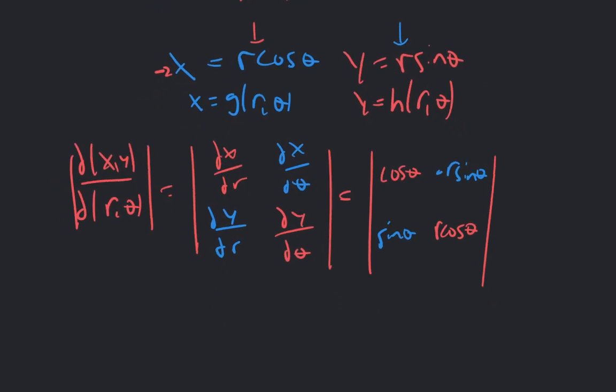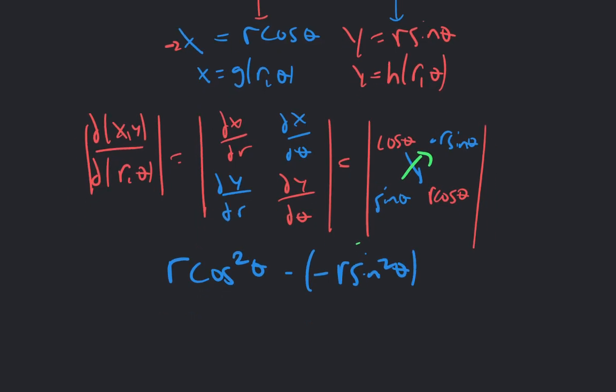When we take the determinant, now when we cross multiply, we're going to get r cosine squared theta minus minus r sine squared theta.